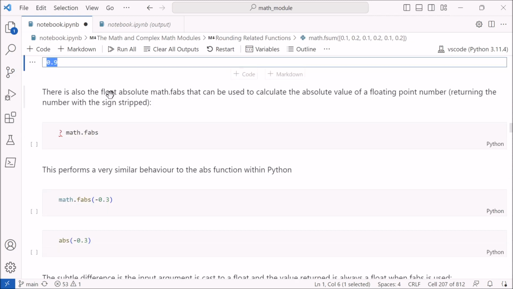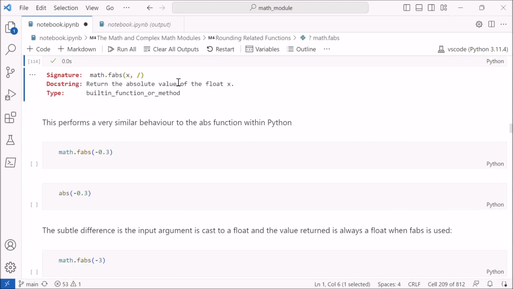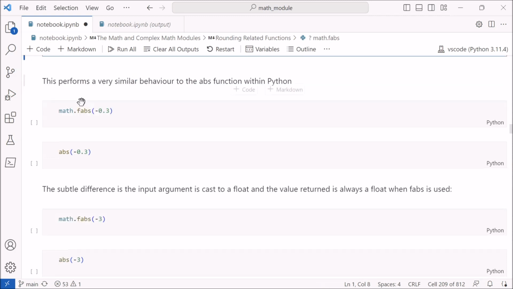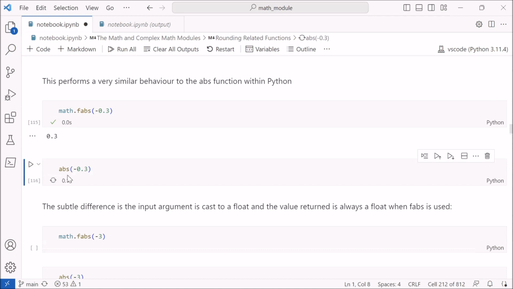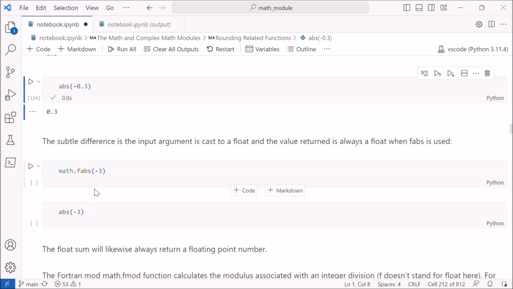There is also the float absolute function, which is used to calculate the absolute value of a floating point number. So this is very similar to the absolute function in Python, except it always returns it as a float. So if we have a look at minus 0.3 and minus 0.3, the sign is stripped to 0.3 and 0.3 respectively.